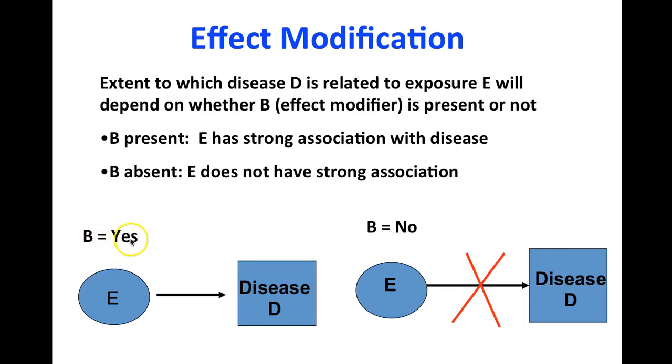If a certain gene is present, then the exposure will be associated with the disease, a strong association. If the gene is not present, then the exposure will not be associated with the disease as strongly, or not at all. So what's the effect modifier in this case? It's the gene. The presence of the gene is making this association stronger. When the gene is not present, there's a weaker association between the exposure and disease, or no association at all.